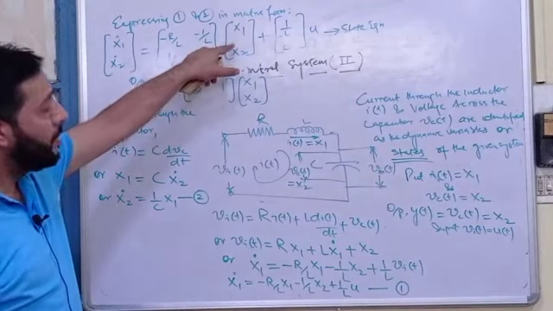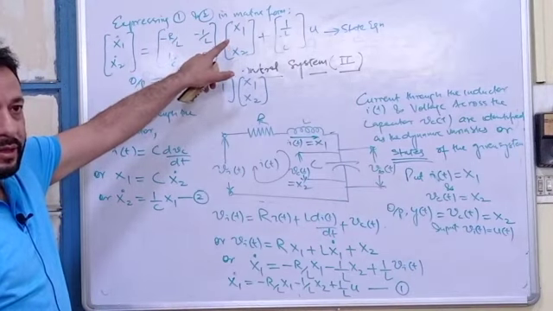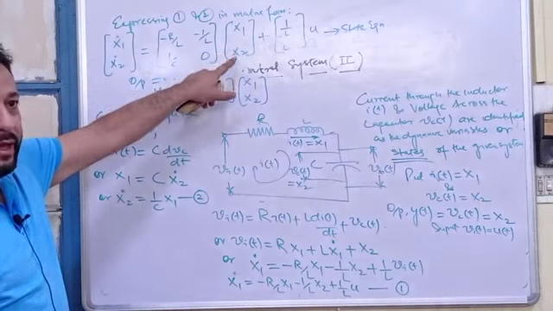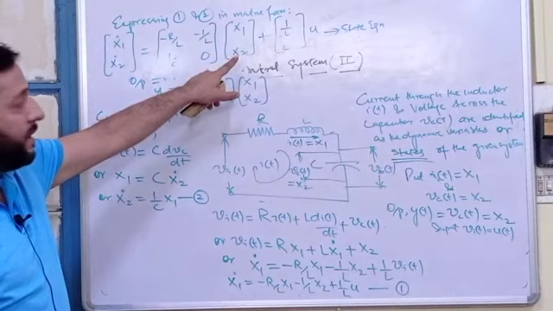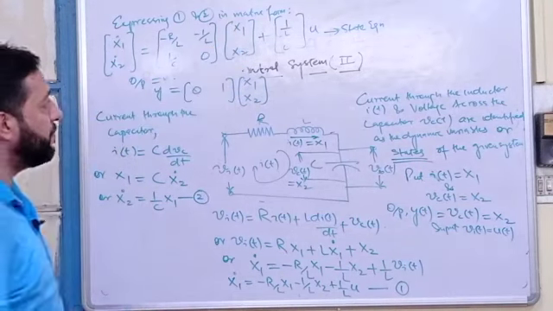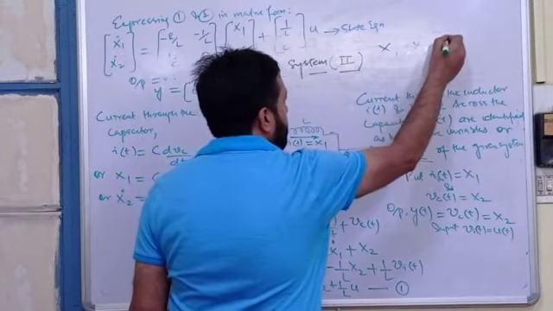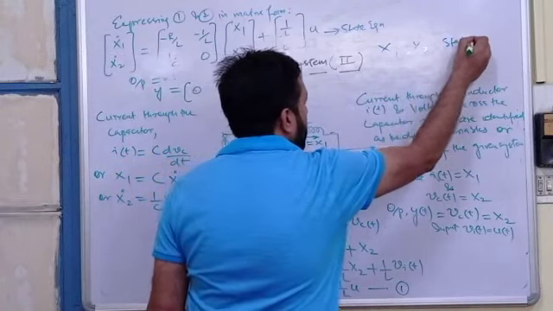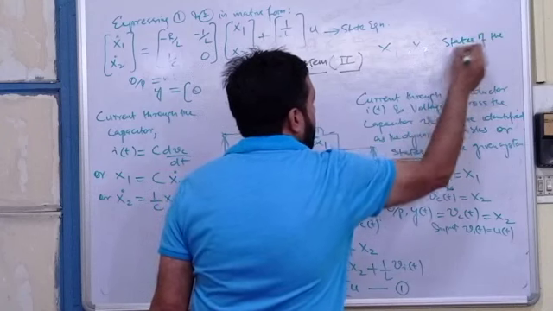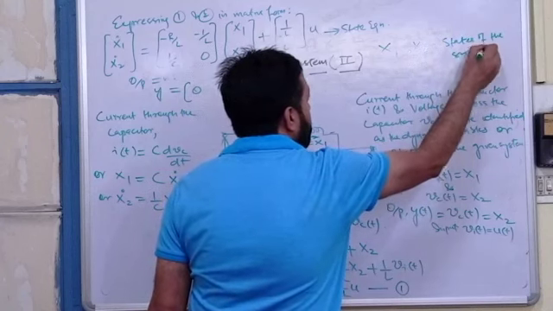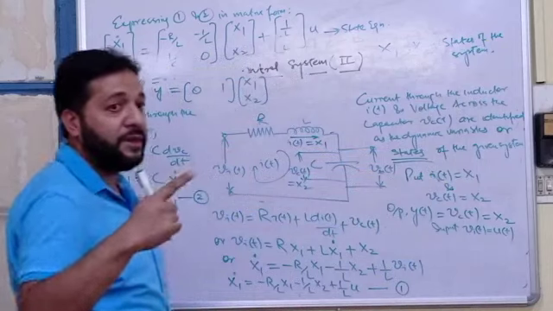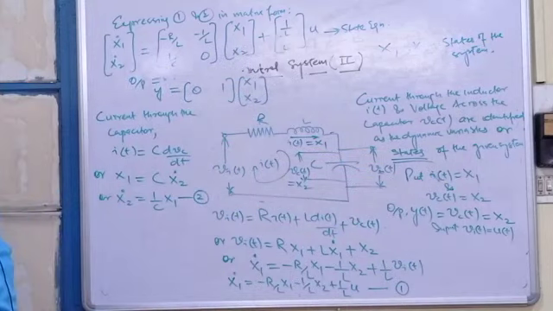And what are these two, x1 and x2? What do we call them? States. These are the states of the system. When you talk about states of the system, immediately it should come to your mind that these are the dynamic variables associated with the system.